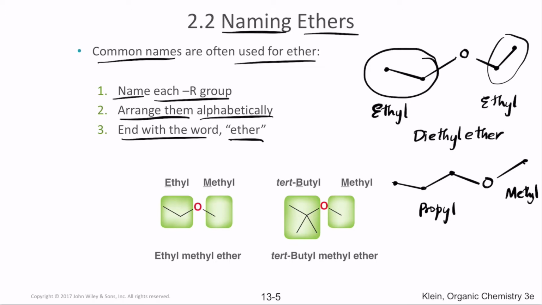We arrange them in alphabetical order. Methyl comes first before propyl, so we write methyl propyl, and then we end with the word ether. Whatever is a side group, write it as that yl, as an alkyl, and that alkyl is what represents the final structure.